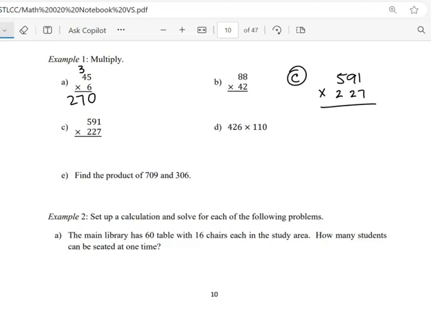Starting with the 7, let's go ahead and multiply it by 1, then by 9, then by 5. So 7 times 1 is 7. 7 times 9 is 63. So 6 up. 5 times 7 is 35. 35 plus 6 is 41. All right. So the first partial product is 4137.